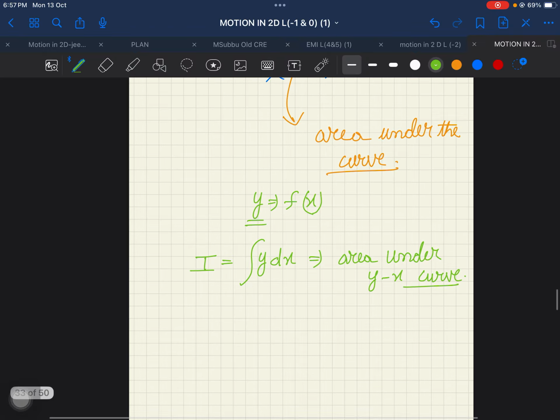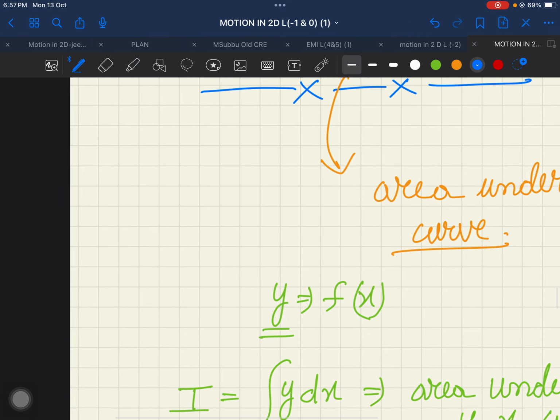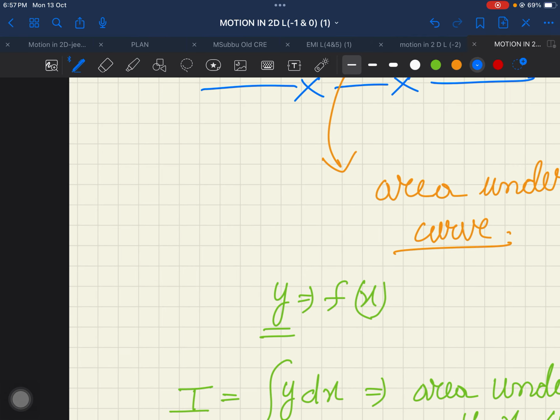Is that fine? For example, let me tell you this graphically. Suppose this is your y-axis and this is your x-axis, and here you have a graph like this, started from here.